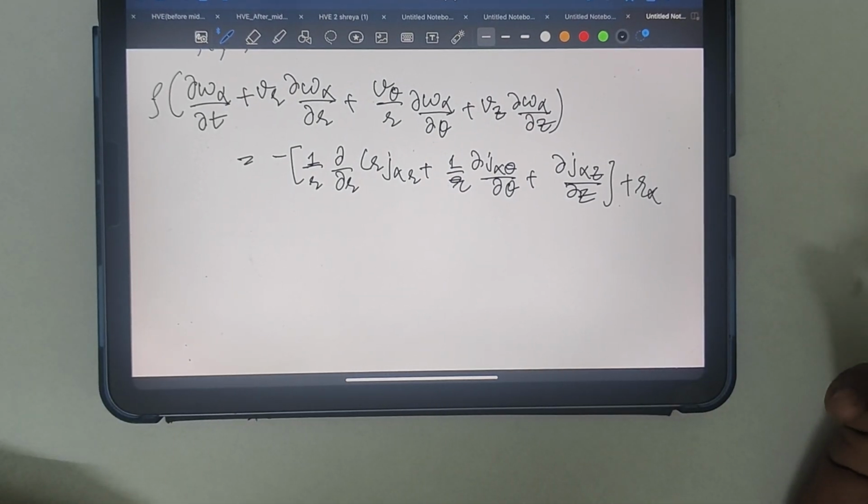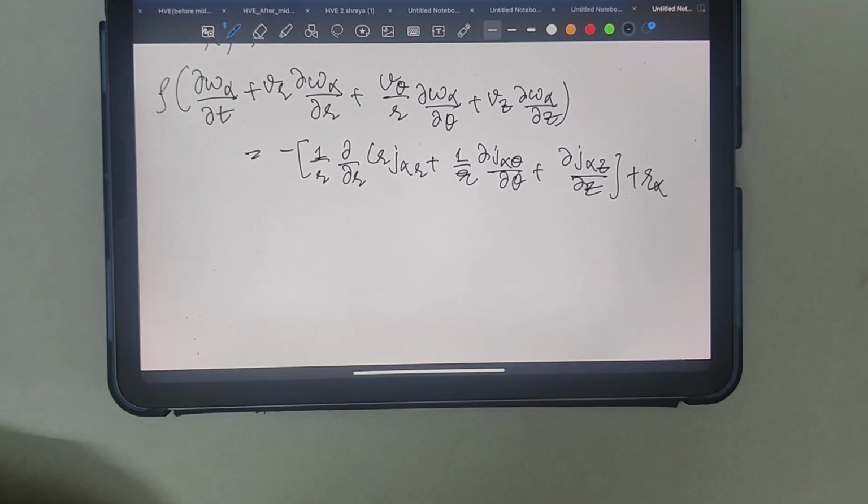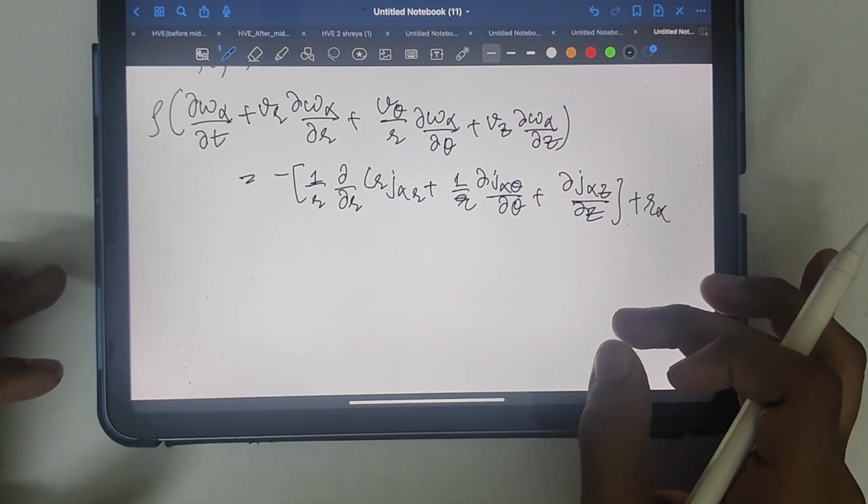As I had told previously, we can make the replacements to obtain the equations in terms of capital J alpha star.